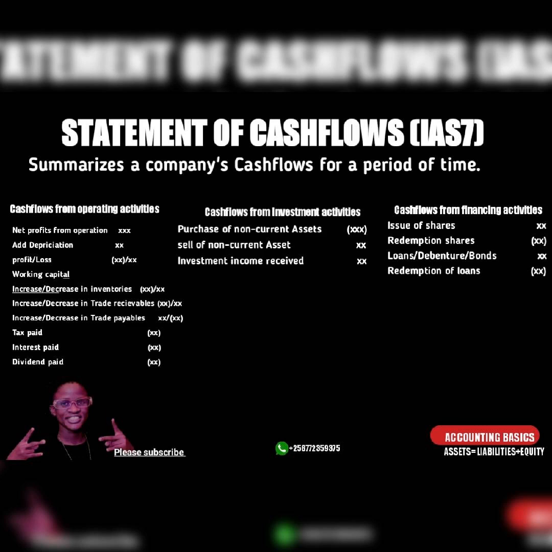Sale of a non-current asset, you're selling your vehicle, you're receiving money, you will have to add it. Investment income received, for example, a profit from a business you invested in, you will be receiving money, so you will add it. Net cash flows from investing activities, you add all what brings in.